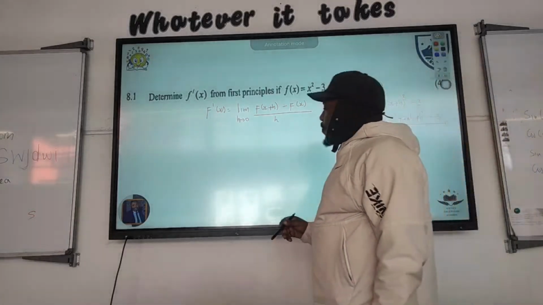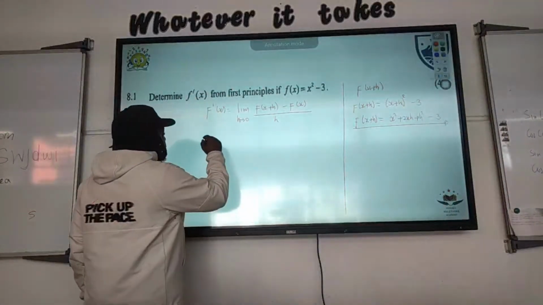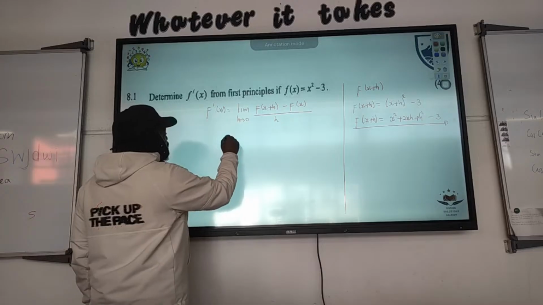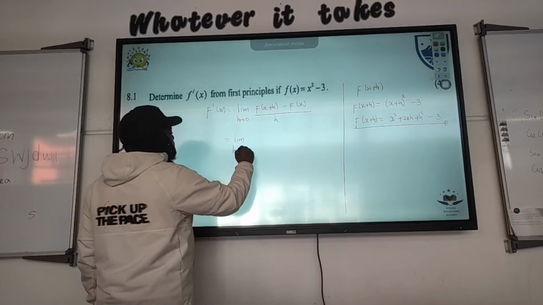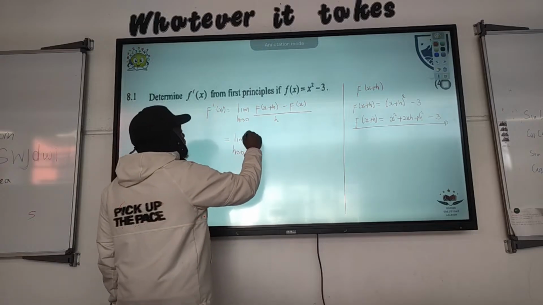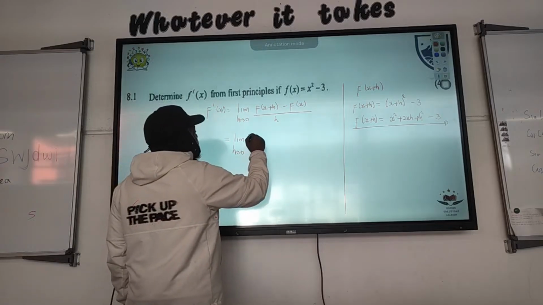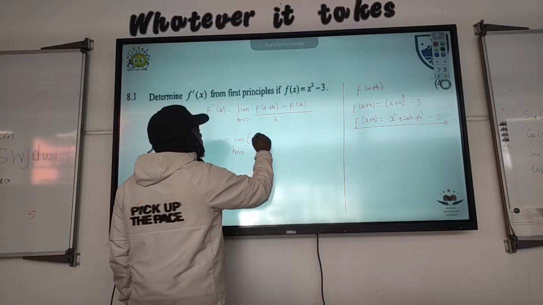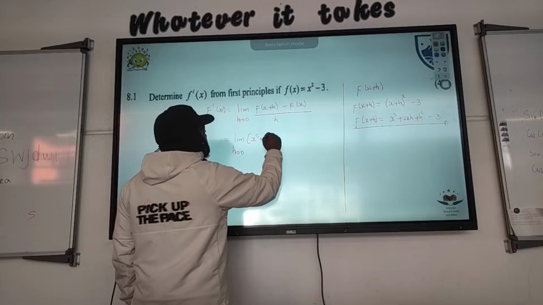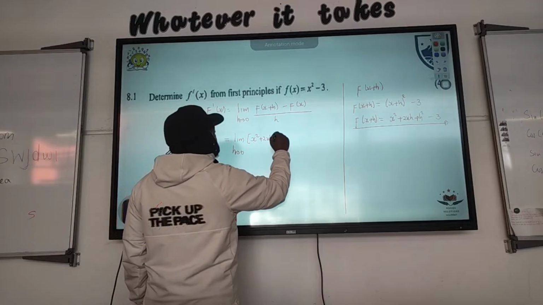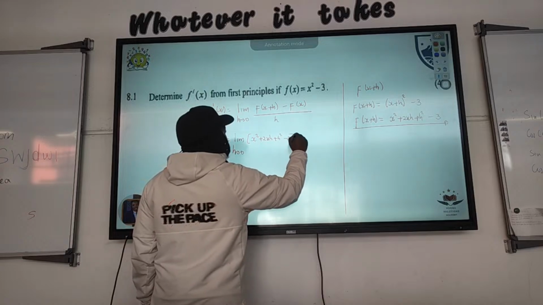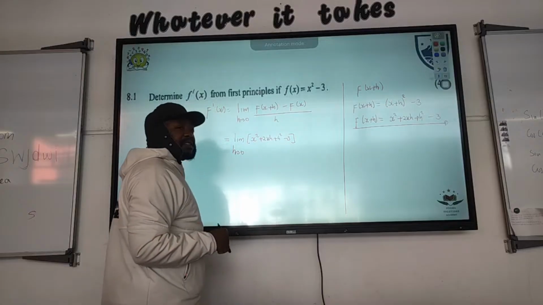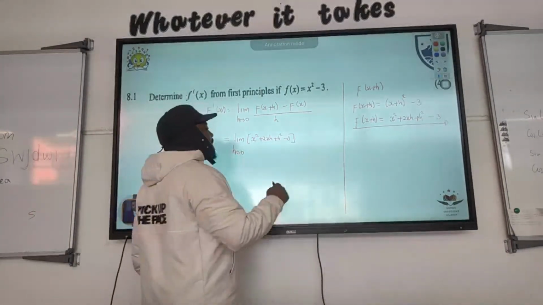Then we go to our formula and substitute. You can say equals to, but don't get rid of the limit. F at x plus h, I like to put it in brackets for now. As you can see, it's f at x plus h, and you still need f at x.